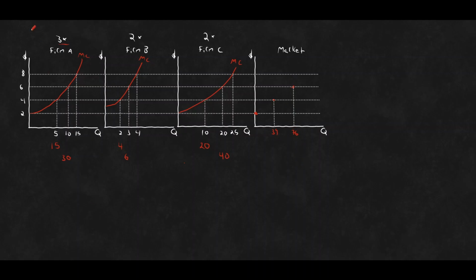Finally, what's happening at a price or a marginal revenue of $8? Well, at a price or marginal revenue of $8, firm A is able to produce 15. Again, there's 3 of these guys, so that is 45 units being produced. Firm type B at a marginal revenue of 8 is making 4, 2 of them, so they're making 8 units altogether.